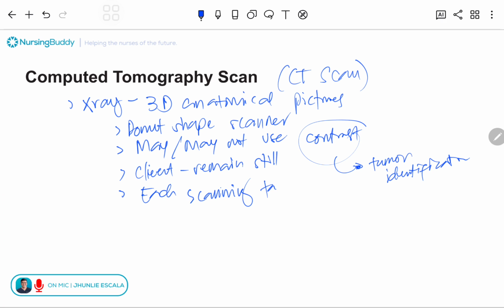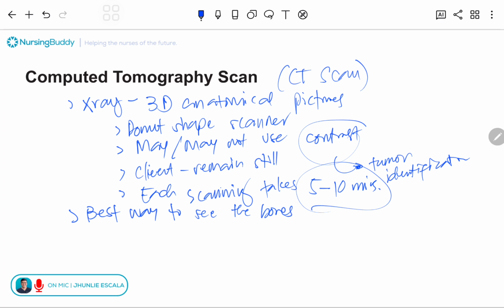It takes class 5 to 10 minutes. So that's the duration here. Okay, it takes us 5 to 10 minutes. So tandaan po natin, it's the best way to what? Best way to see the bones. Okay, it's your CT scan.